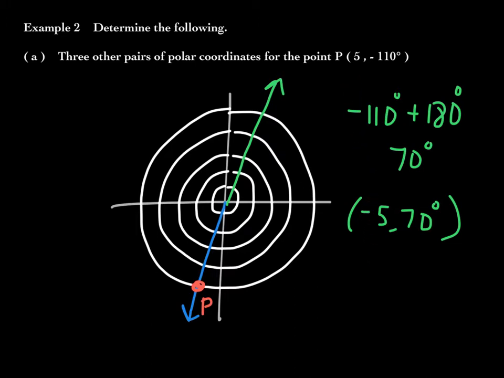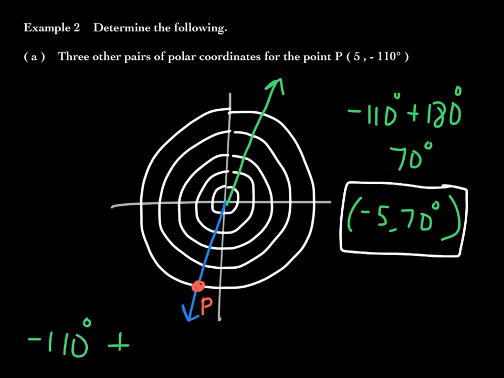What else could we do? Well, what if we kept +5? So what if we still stayed at 5 units out from the pole, from the origin, but instead of -110 degrees, what if we got its coterminal one of least positive measure? So in other words, what if I took -110 degrees and added 360 degrees to it?